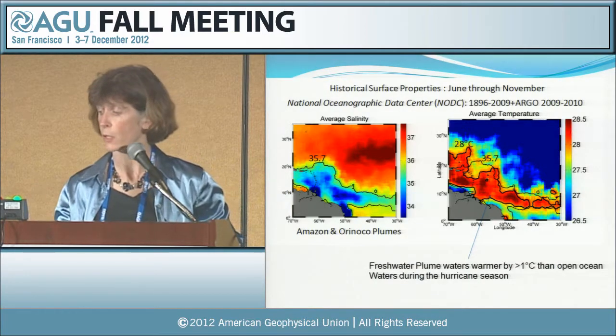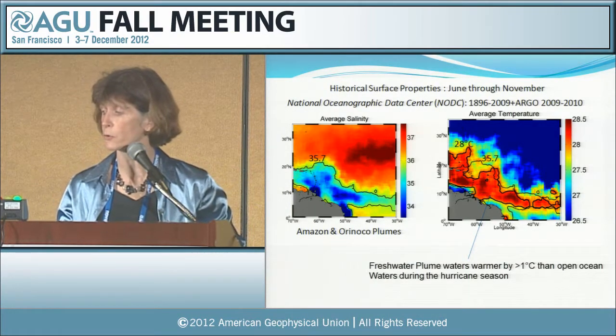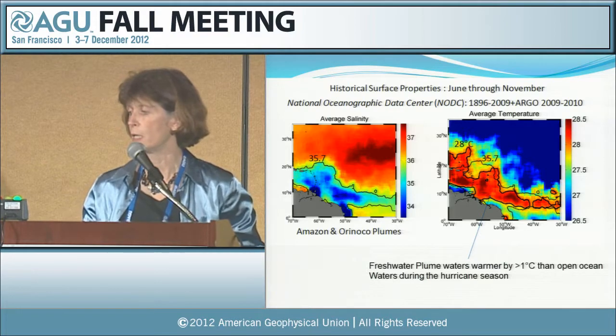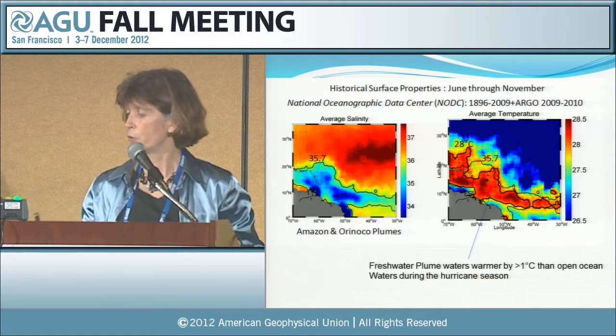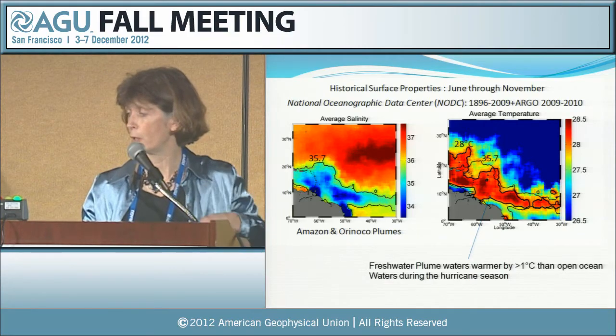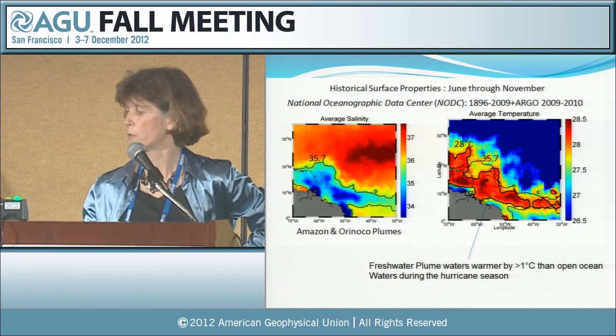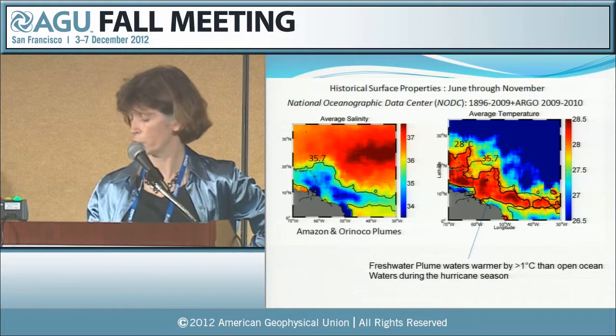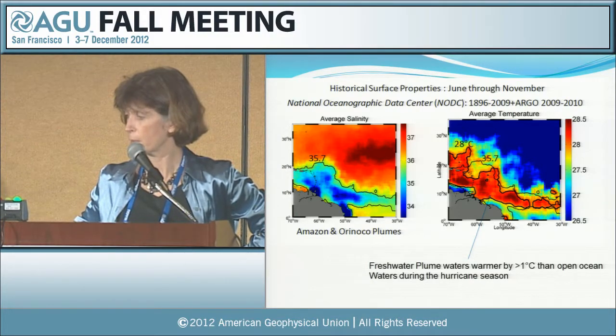It is well known, using historical surface properties, that in the Amazon and Orinoco plumes the sea surface temperature is very warm, warmer by more than 1 degree C than the surrounding open ocean during the hurricane season.